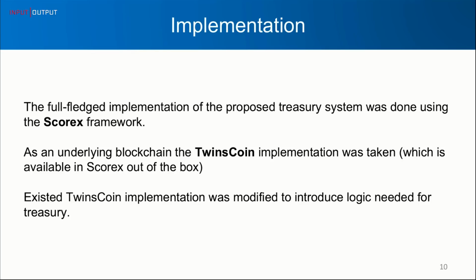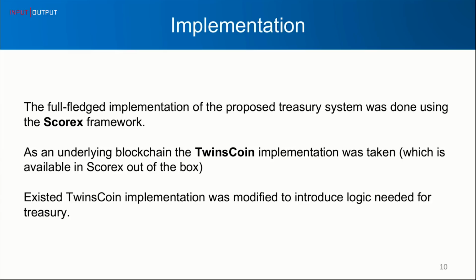Twins Coin is a hybrid consensus protocol where part of the blocks is issued with proof of work and another part with proof of stake models. Scorex also provides a simple transactions model where we can send tokens from one account to another, and actually it's completely enough for our goals.